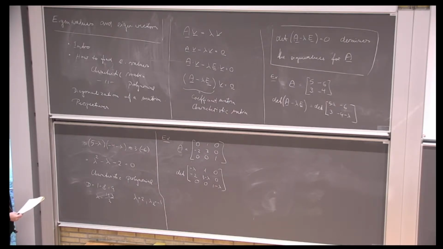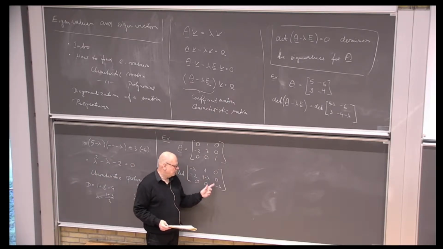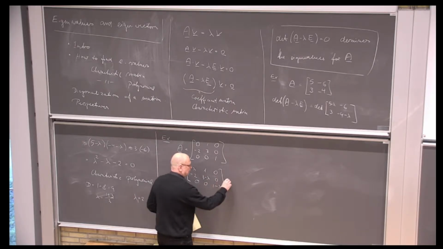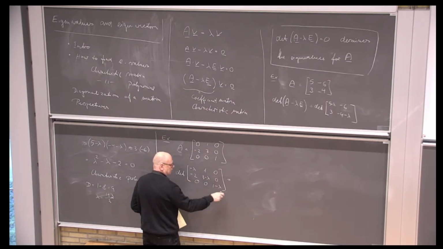And this is fairly easy to solve, because you see you have a column here, for instance, with 2 zeros. So you can make an expansion along this column, and you get plus, minus, plus, minus, plus.